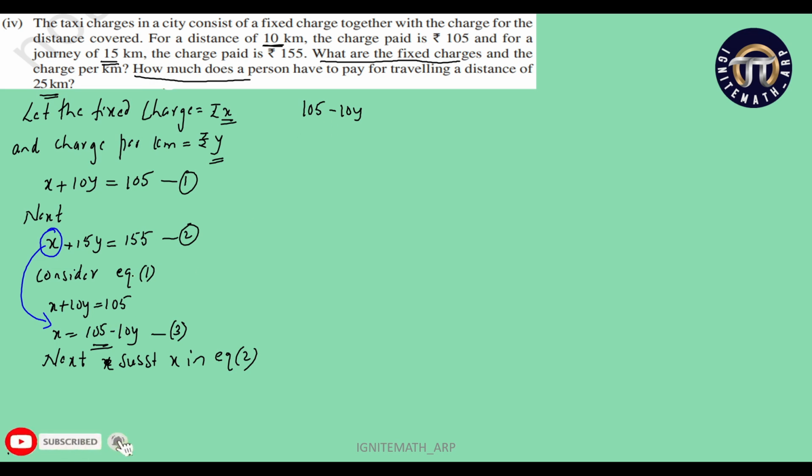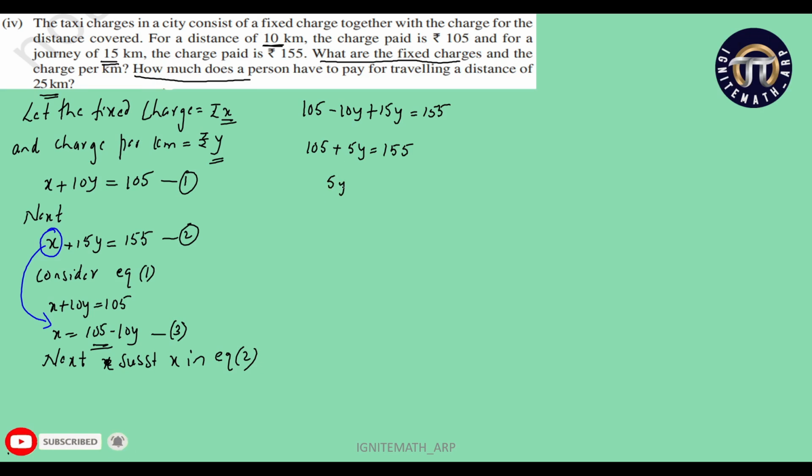Clear? Right. Then plus 15y as it is, plus 15y is equal to 155. So now what am I supposed to write? 105 plus 5y is equal to 155. Getting it? Minus 10y plus 15y.